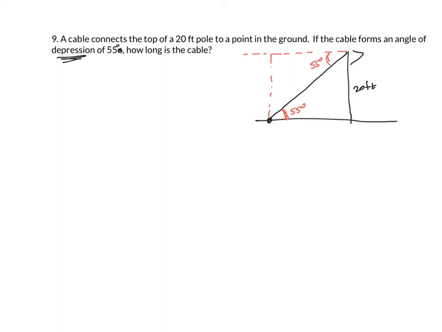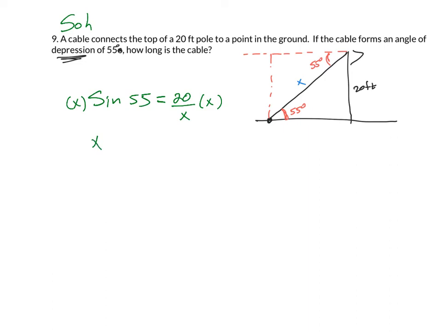So I want to find how long is the cable. So that means that right here I have an angle of 55, I have the opposite, and I have the hypotenuse. So that means that I'm using sine. So sine of 55 equals the opposite, 20, over the hypotenuse, right? So I'm going to multiply times x on both sides.